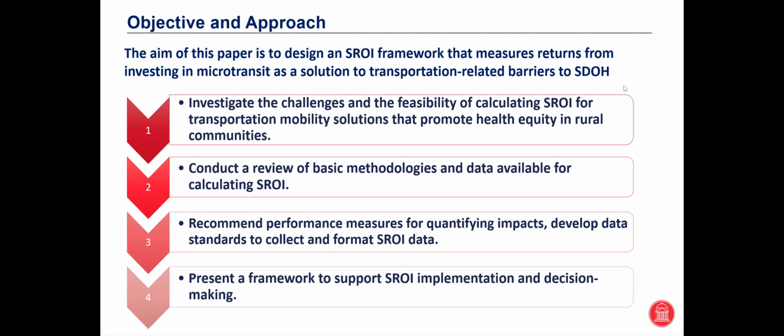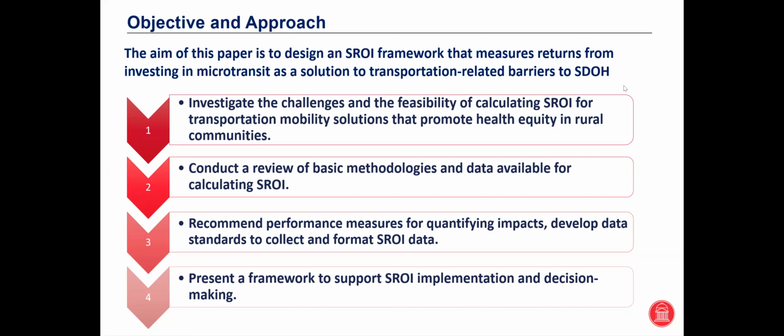The aim of this paper is to first investigate the challenges and the feasibility of calculating SROI for this case. And to do that, we conduct a review of basic methodologies and data available for calculating SROI.